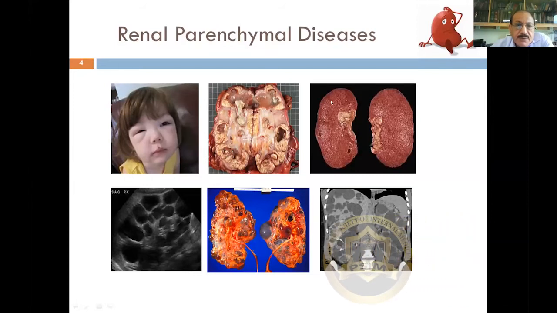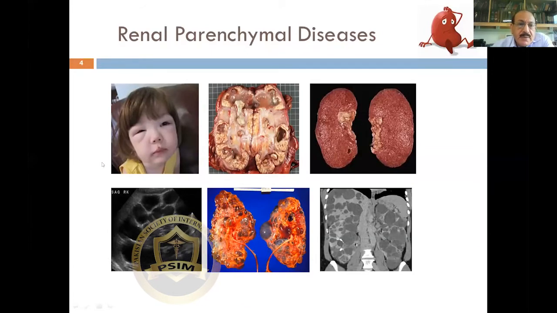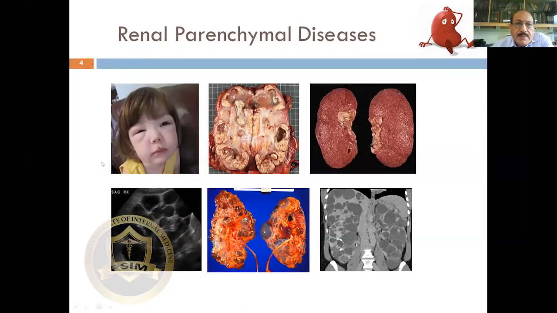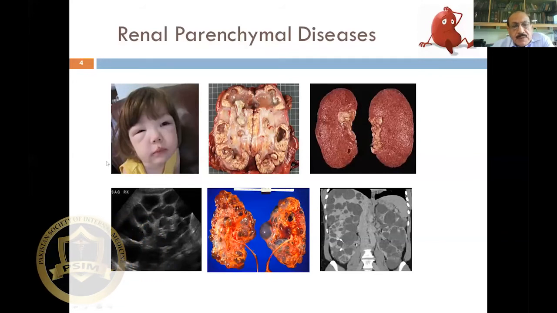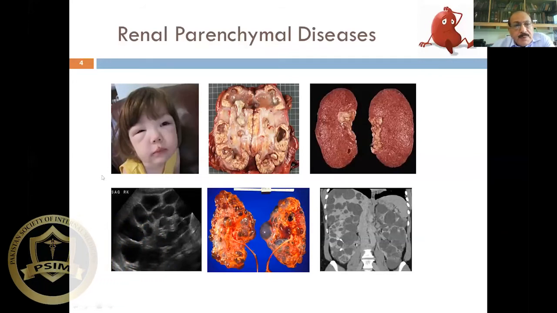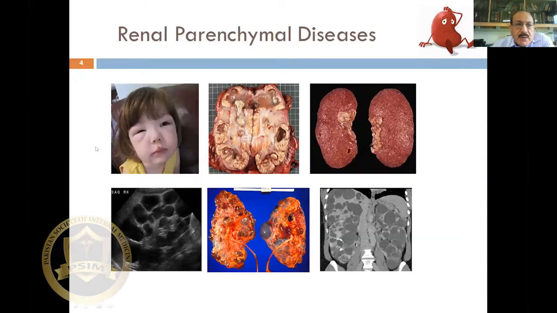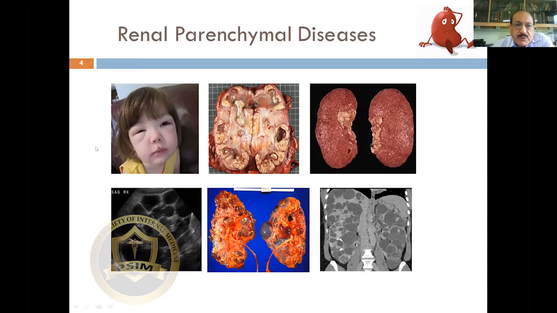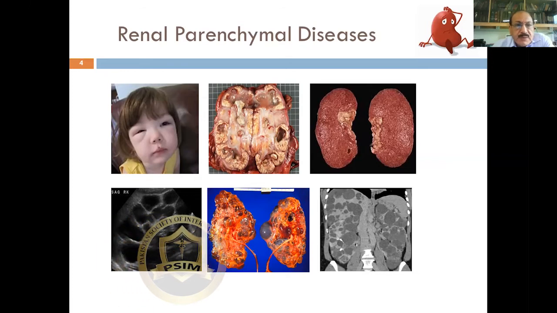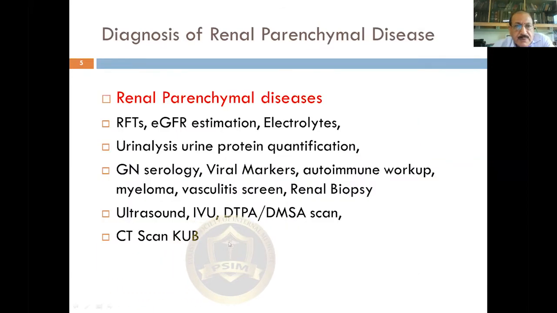These are some of the examples: acute and chronic glomerulonephritis, and certain systemic diseases which can affect the kidney, and that kidney involvement can give rise to hypertension. So I cannot go on saying that this is a very important aspect that we ignore most of the time, at least in our part of the country, part of the world.